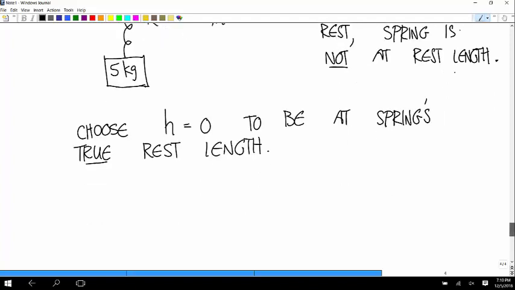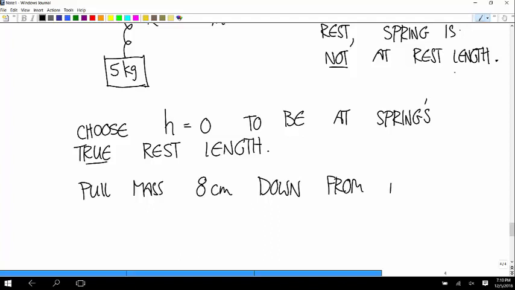And let's say we pull the mass 8 centimeters down from the hanging rest length.